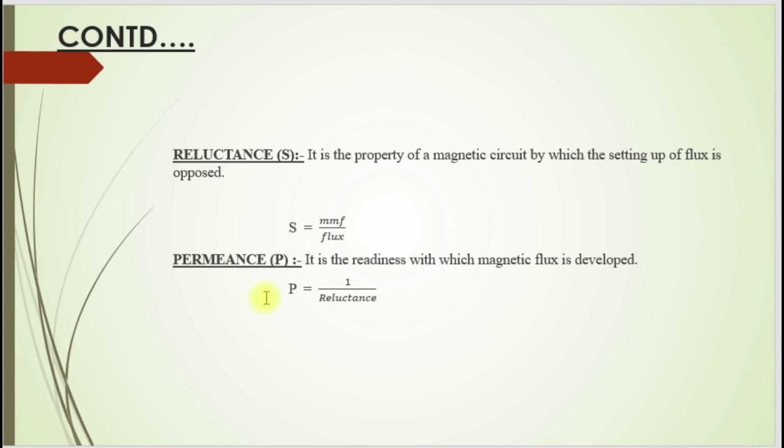Permeance is the reciprocal of reluctance. What do we mean by permeance? Permeance is the readiness with which magnetic flux is developed. That is, it is analogous to conductance in an electric circuit. Permeance means 1 by reluctance, so its unit is Weber per ampere turns.